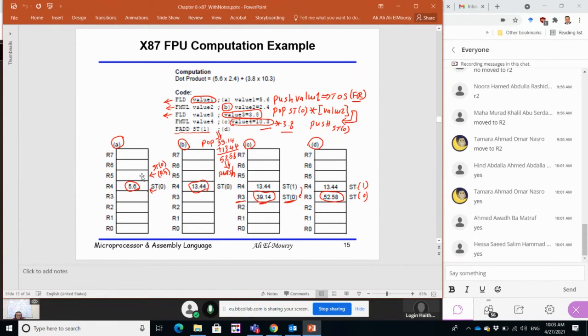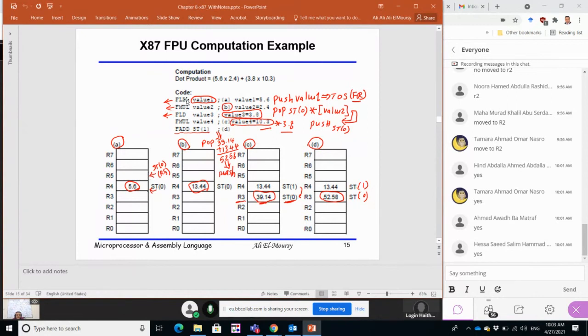This is my original location. You see here the programmer does not have to know the location of the top, the absolute value of the top. He does not have to care about that.